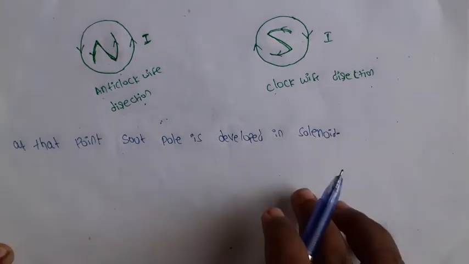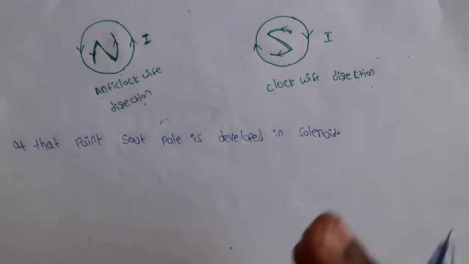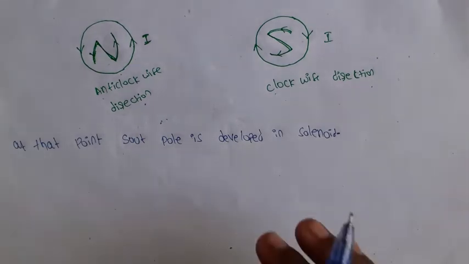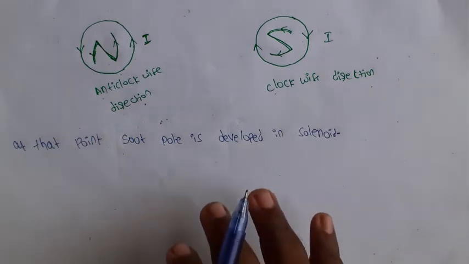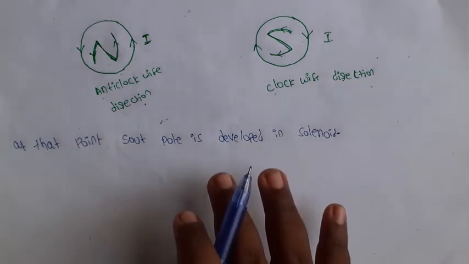Depending on the current direction, in case of a solenoid, one end is developed as north pole and one end is developed as south pole.